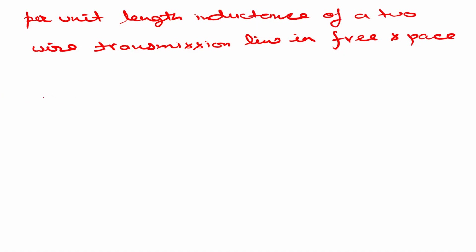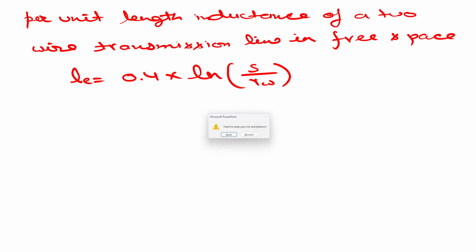For a two wire transmission line, in the lectures we have seen the formula for per unit length inductance. It is given by 0.4 into ln S by Rw, where S is the center to center separation between the two wires and Rw is the radius of the wire. So this is the formula.